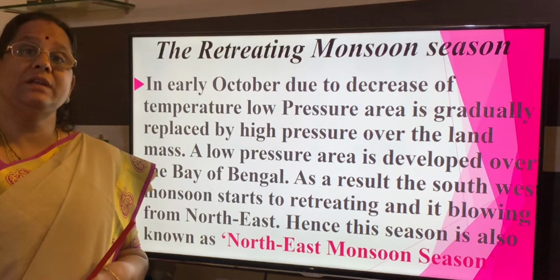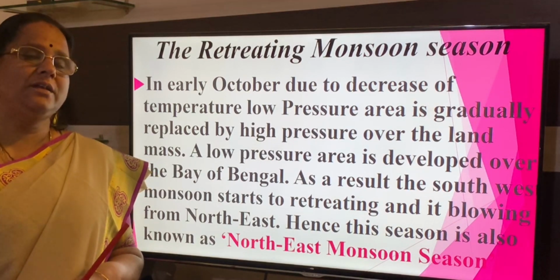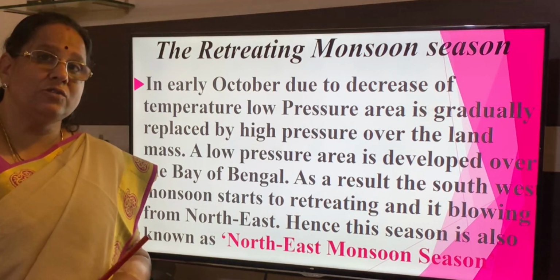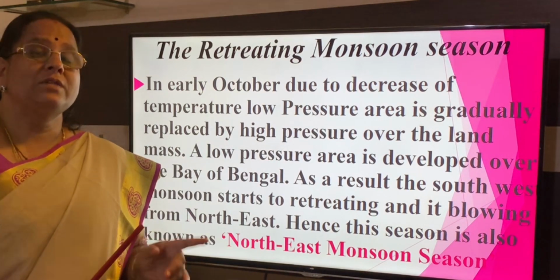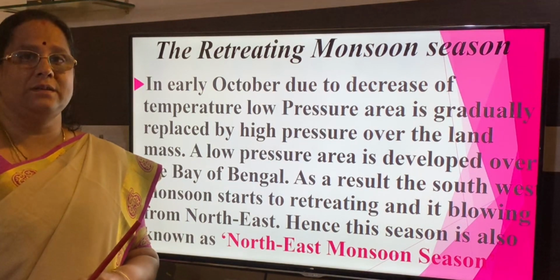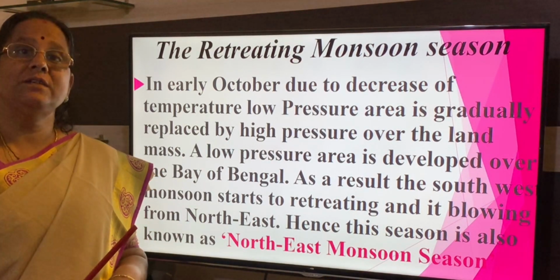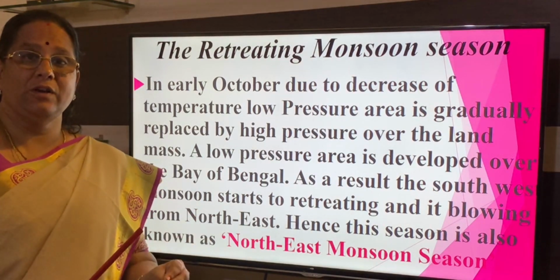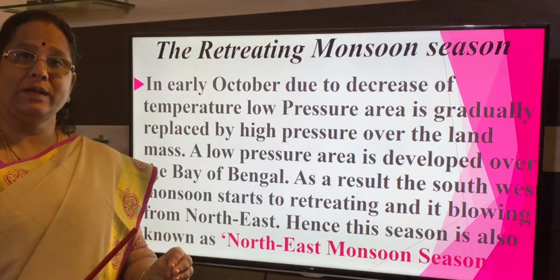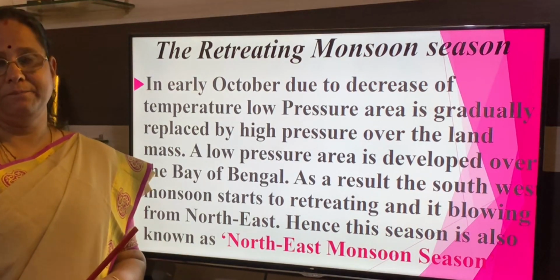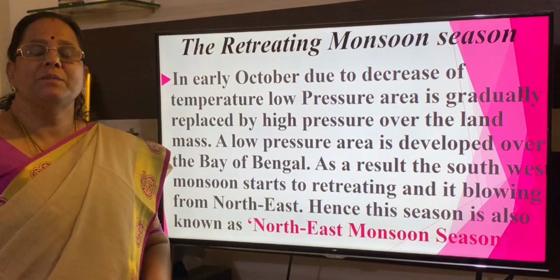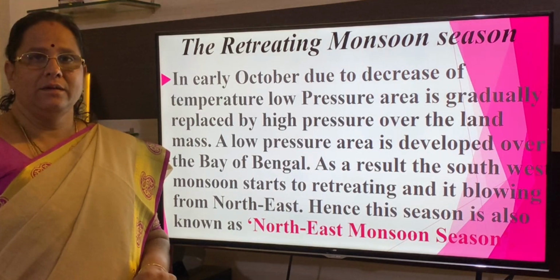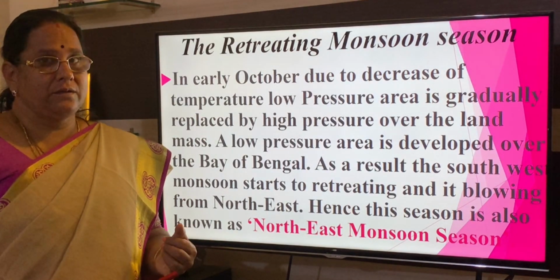After the summer season we learnt about which season? Rainy season. Rainy season is also called what? Southwest monsoon season. During this season you will see wind blowing towards the southwest. So that's the reason why we call it the southwest monsoon season. As the summer season comes to an end, the temperature will rise.